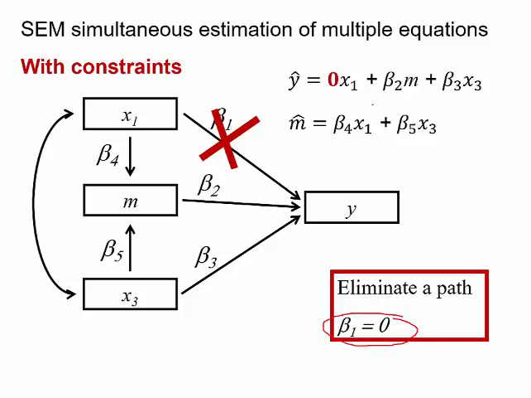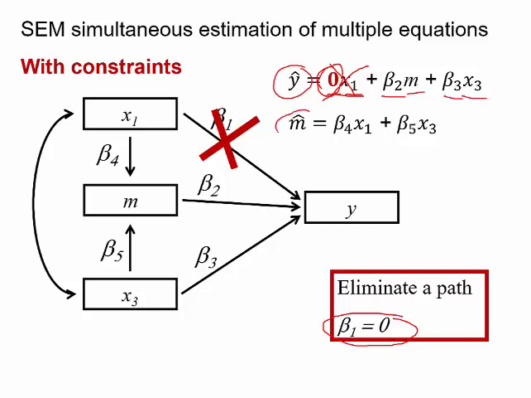We can write the equation for that, where y hat is equal to 0 times x1, because that's where I'd put beta 1, but I've changed beta 1 to 0. So predicted y is equal to 0 times x1, in other words that just drops out of my equation, plus beta 2 times the mediator, plus beta 3 times x3.